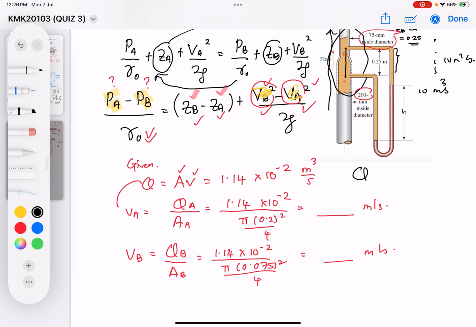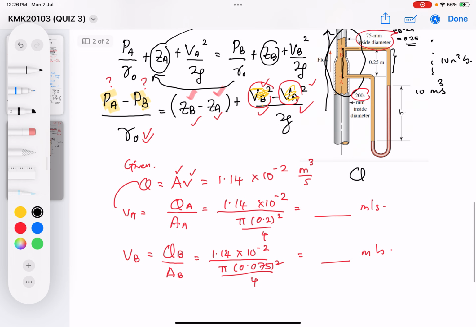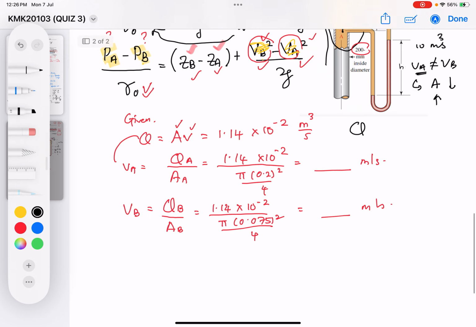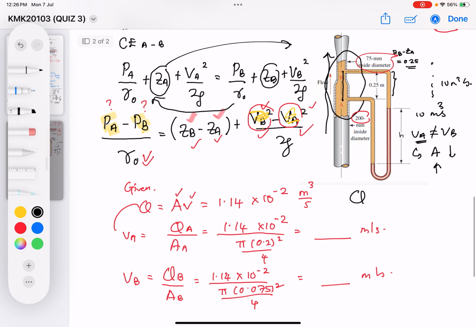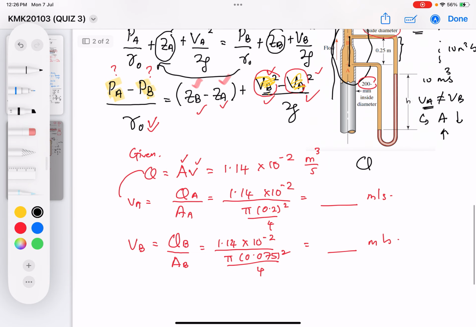But the velocity is not necessarily the same because VA is not equal to VB. Why? Because V depends on the area. The smaller the area, the higher the velocity. So once I find the value of VB and VA, I can solve for PA and PB.